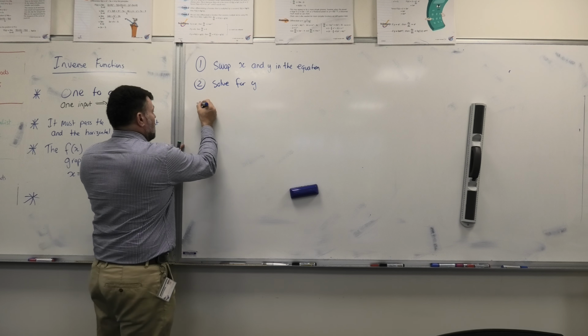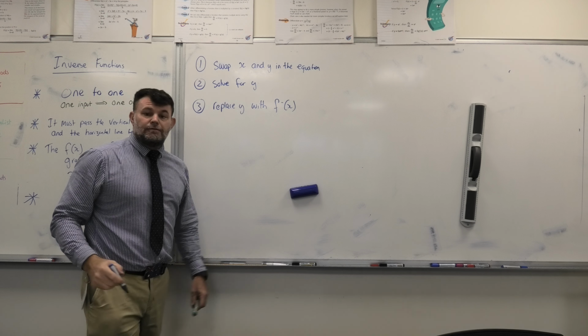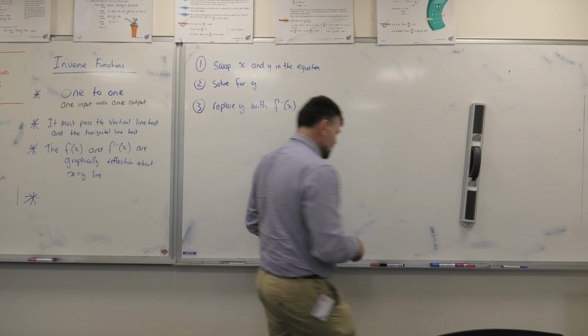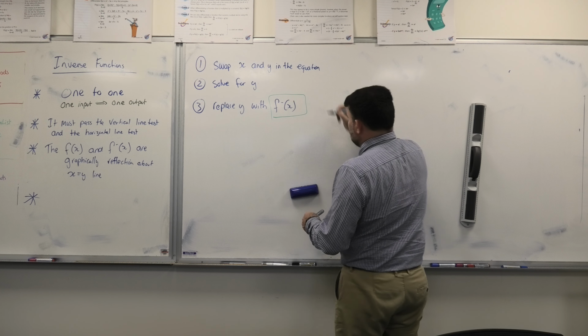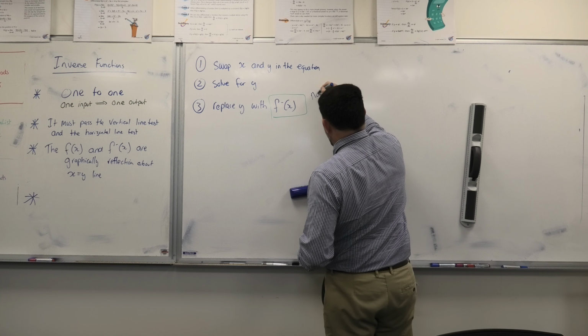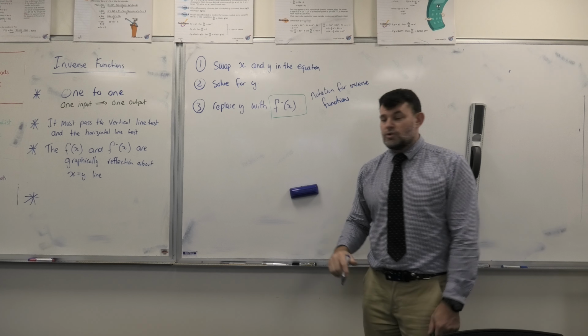Our third and last step is we then replace y with the inverse notation. So this here is the notation for inverse functions. That's the notation, really important to remember.